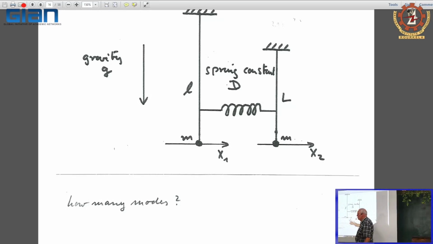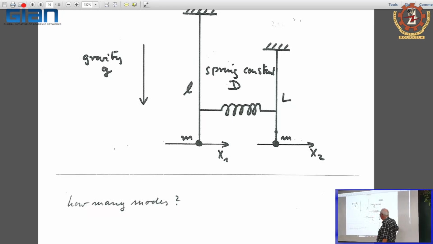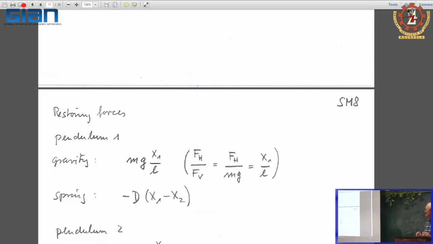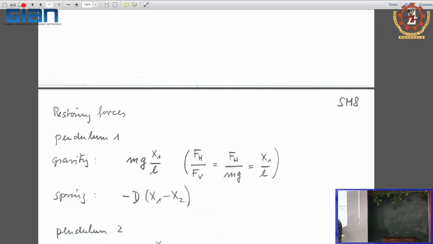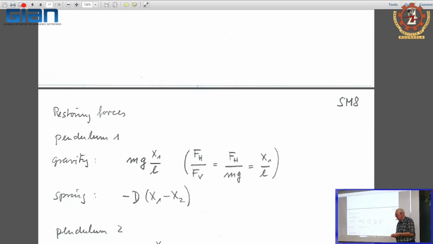So x1 will be the displacement of pendulum 1, and x2 is the displacement of pendulum 2. So we are left with the horizontal component of gravity being x1 over the length, and for pendulum 2 it's x2 over capital L.